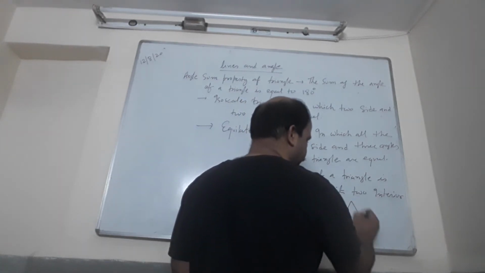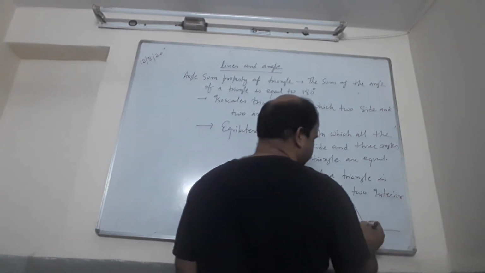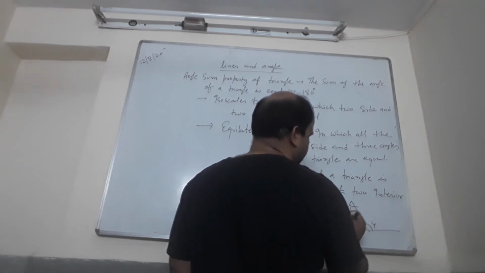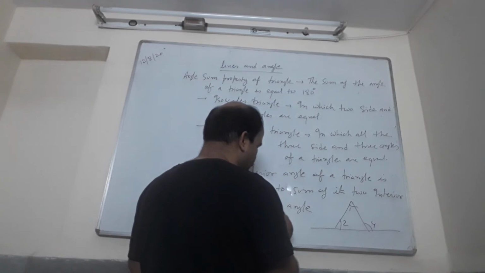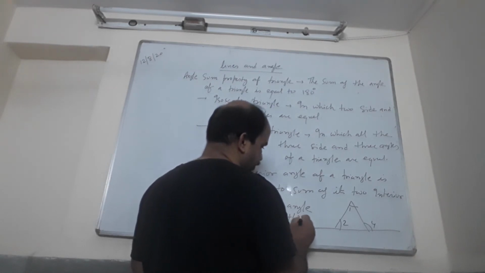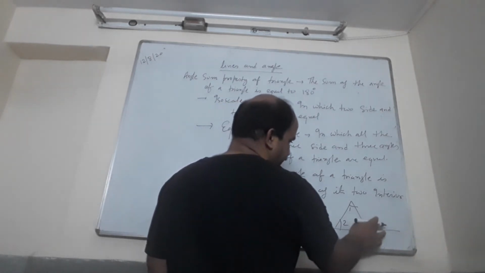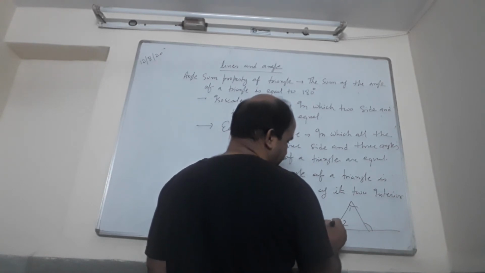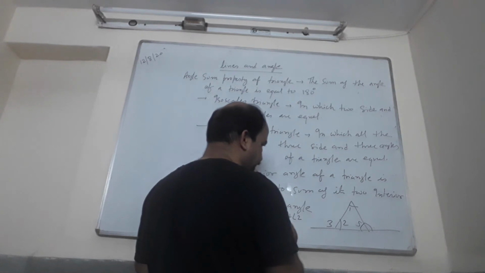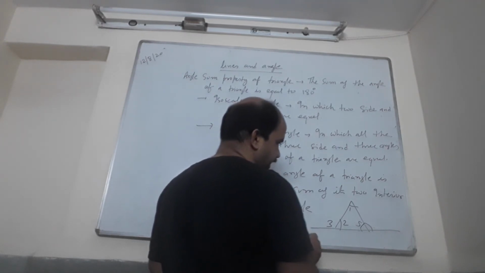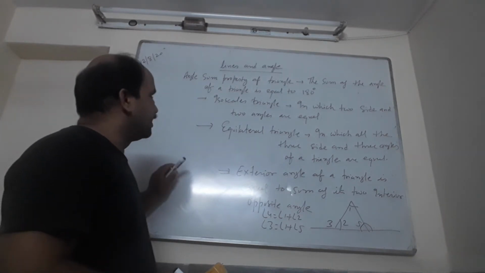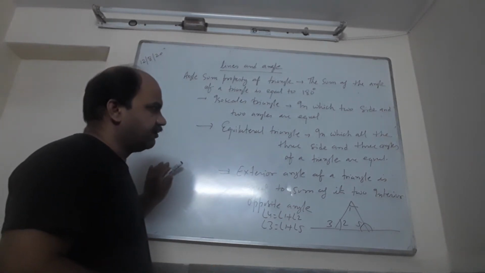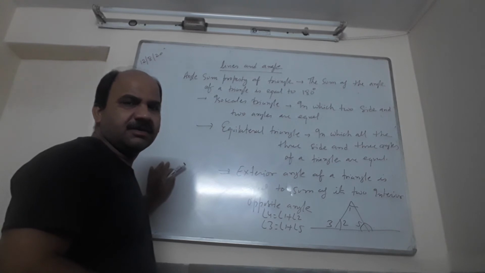Means suppose we have angle 4 and this is angle 1 and angle 2, so we can write angle 4 is equal to angle 1 plus angle 2. Similarly, if you make the exterior angles here, angle 3 and this is 5, so we can write angle 3 equal to angle 1 plus angle 5. So this is the concept relating to triangles which we will use in the given topic.